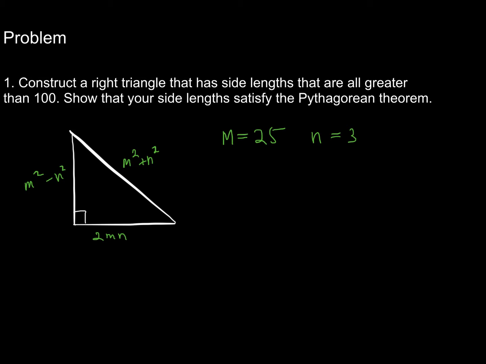So now what I can do is actually write down what each of these side lengths is going to be equal to. Right? M squared minus n squared is going to be 625 minus 9, which is going to be 616. 2 times 25 times 3, well, 3 times 25 is 75, and then 75 times 2 is going to be 150.